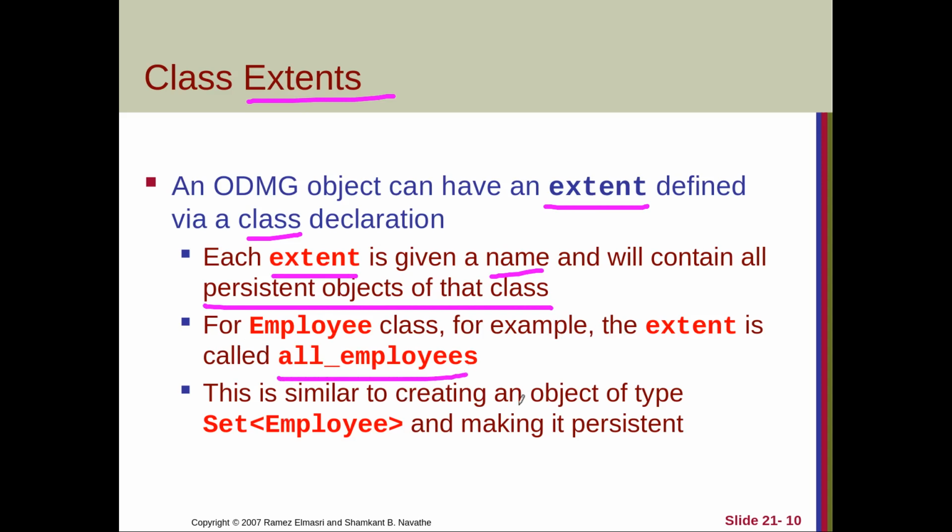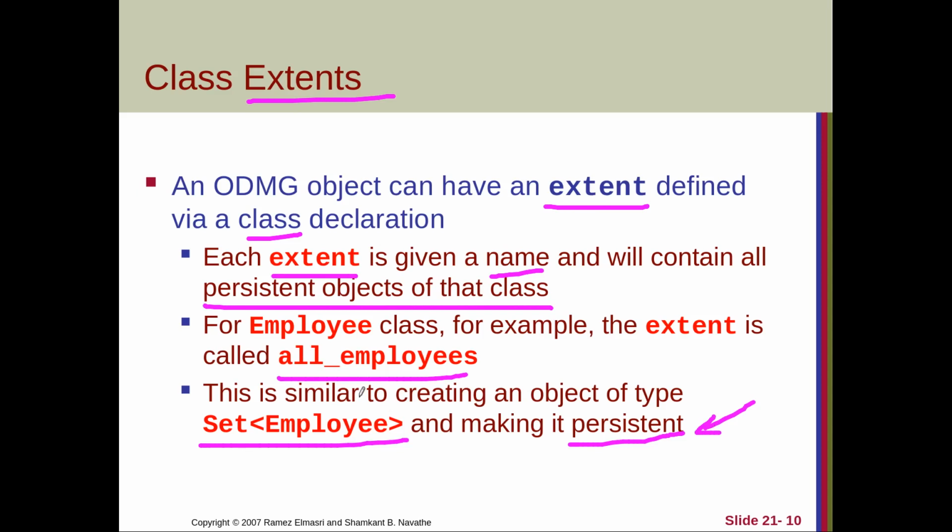This is similar to creating an object of a type. So all employees is similar to creating an object of type set of employees and making it persistent. So assume if you are creating a set of employees, then in that situation we need to make that persistent separately.